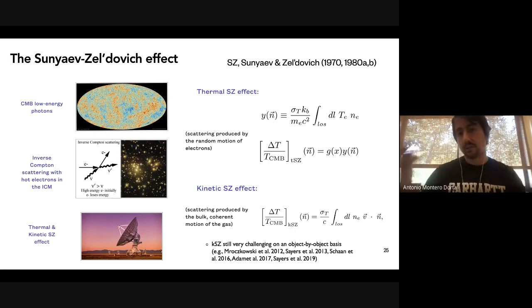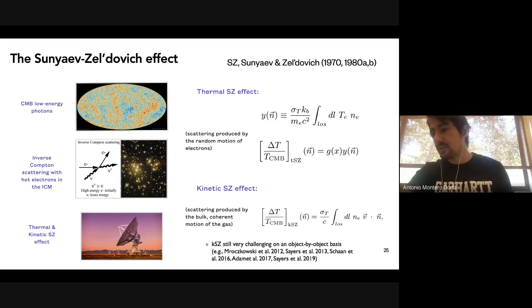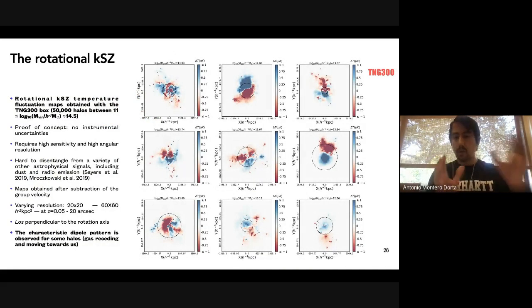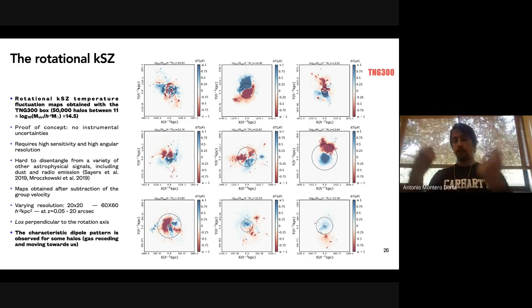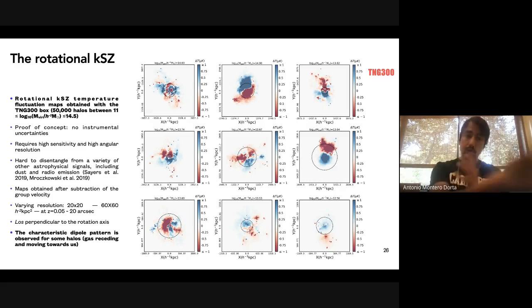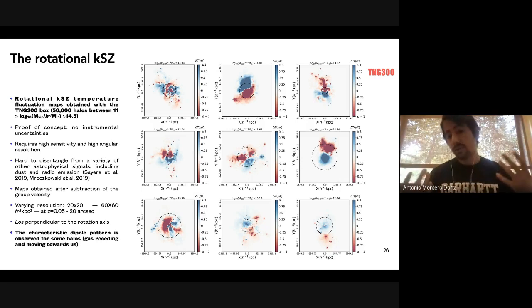So this is really a long shot, but it was fun to try to do a little bit of a prospect here. Anyway, we modeled this with IllustrisTNG for the kinetic effect. You expect, because this is produced by two types of velocities, the bulk velocity of your cluster and the coherent rotation of electrons in the cluster, since they are spinning, so you expect a dipole of the signal, as you know.